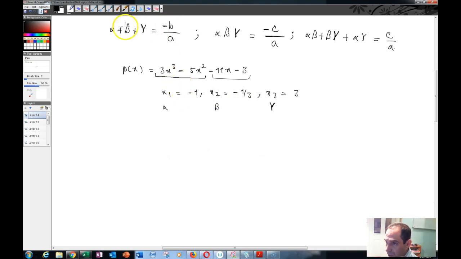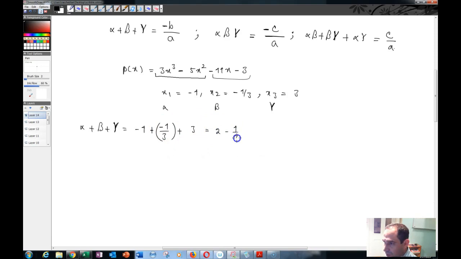So for example, if you calculate the sum of these roots, you will have alpha plus beta plus gamma is equal to -1 plus -1/3 plus 3, which is equal to 3 minus 1 is equal to 2.